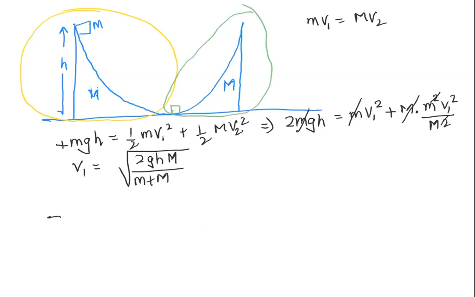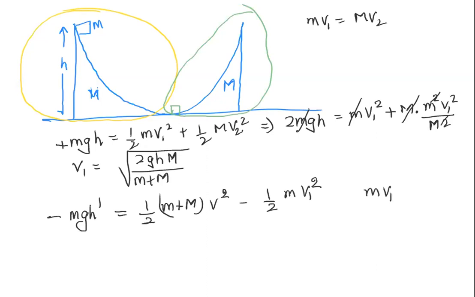I will apply the work energy theorem: minus mgh dash is equal to final kinetic energy minus initial kinetic energy. And I will again apply the law of conservation of momentum: mv1 is equal to (m plus M) v2.